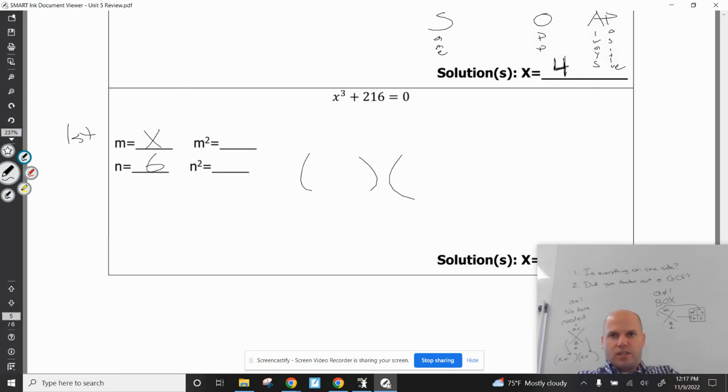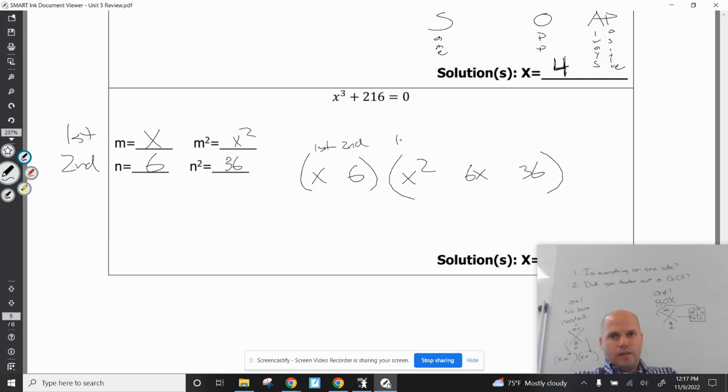Two sets of parentheses. Your first, your second, your first times your first, your first times your second times your second. That's how I do it. I think it's just easier for you to understand. It's the whole x squared, 36.